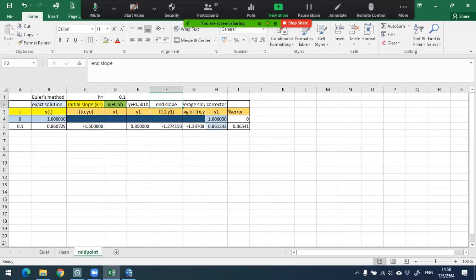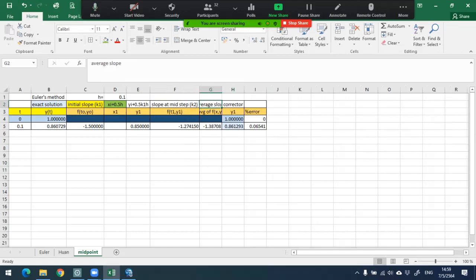And after that, we determine the slope at midpoint, which we call k2. The average slope is not necessary anymore, and then we will obtain the solution. This is just for the case of midpoint.